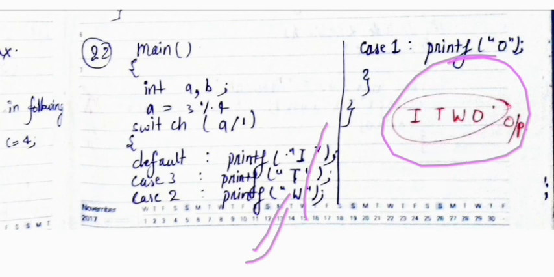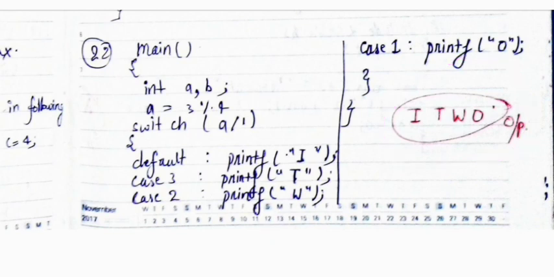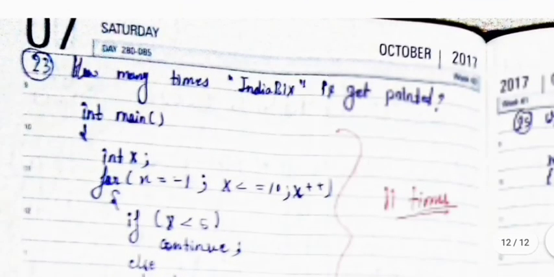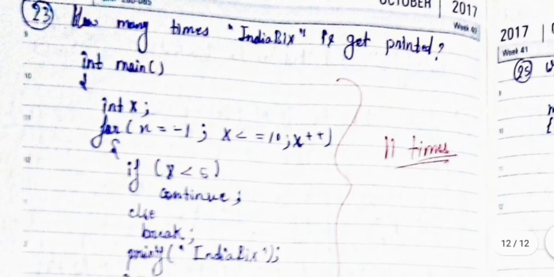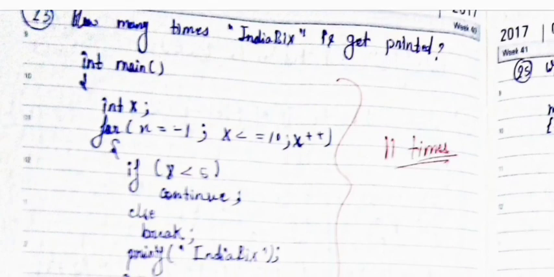Now come to the next question. How many times is IndiaGATE printed? The line of code is given here: int main, int x, for x equal to -1, x less than 10, and x plus plus. Here if x is less than 5 then continue, else break, and print the value of IndiaGATE.